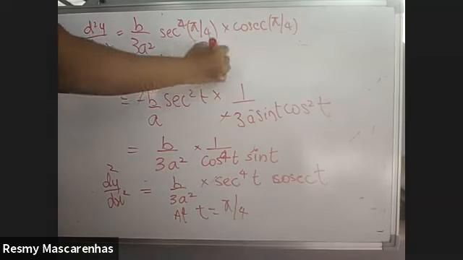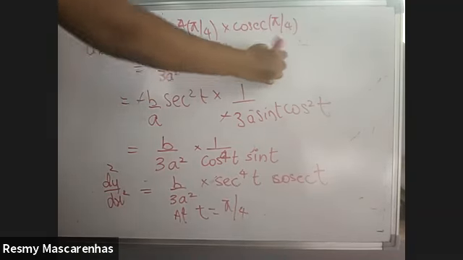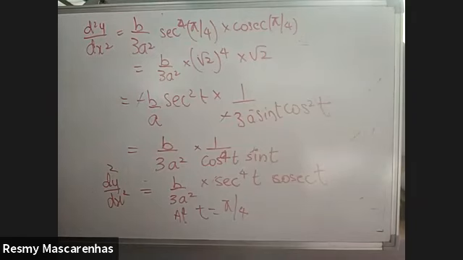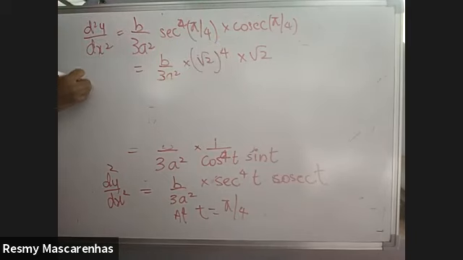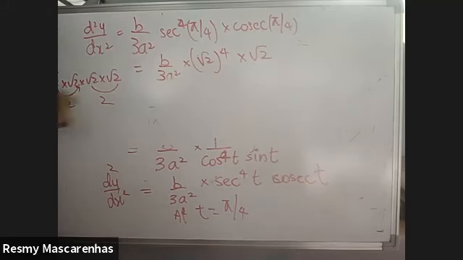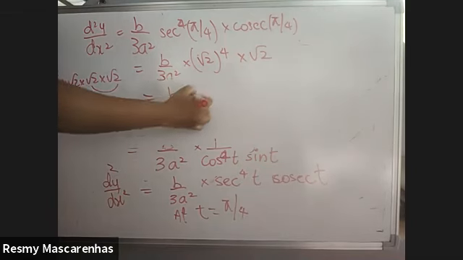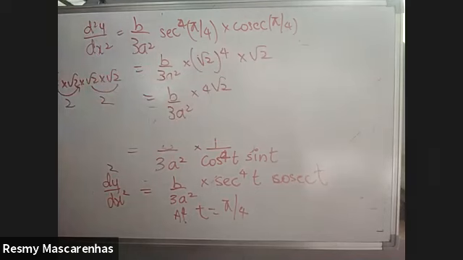Okay, so this will be root 2 raised to 4. So 4 times if you multiply like this, this will give you 2, this will give you 2. Okay, 2 into 2, and then this will give you 4. So that's the answer: 4 root 2 b upon 3a square.